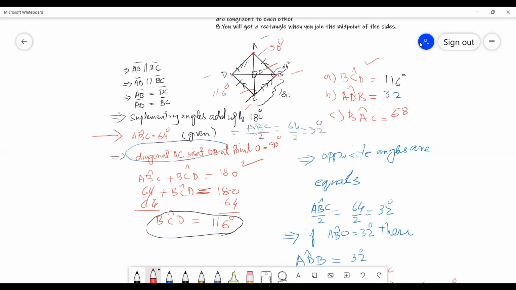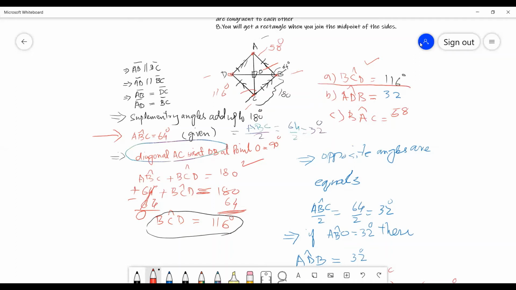We subtract 64 from both sides, and the 64 cancels on the left side, so the answer is 0 there, and on the other side it is 116. So the angle BCD is equal to 116. This is the answer to the first part required in the question.